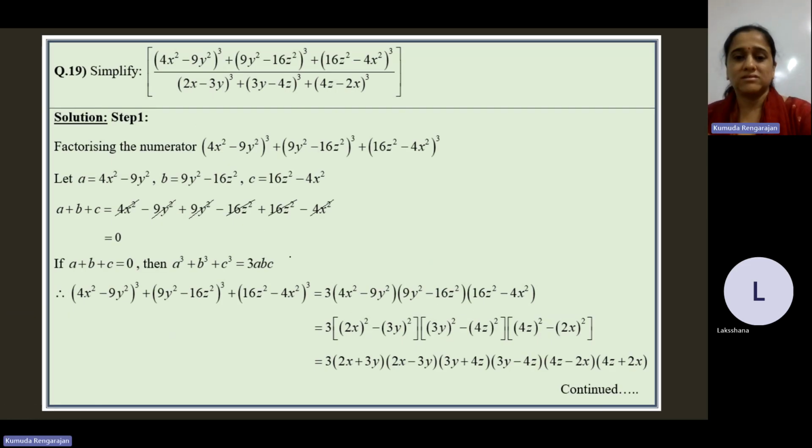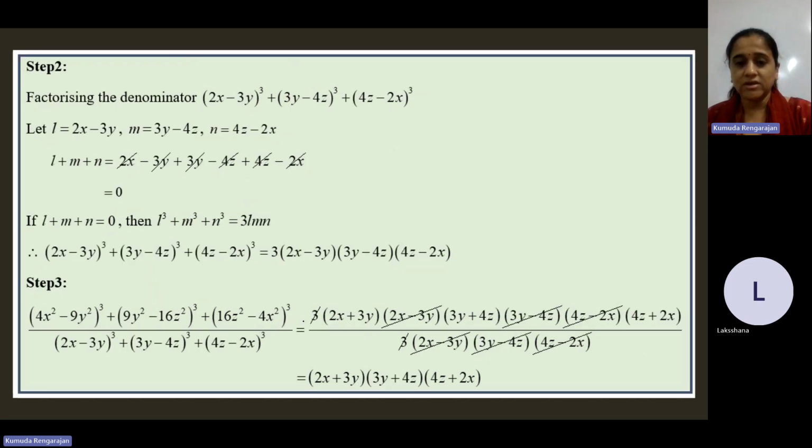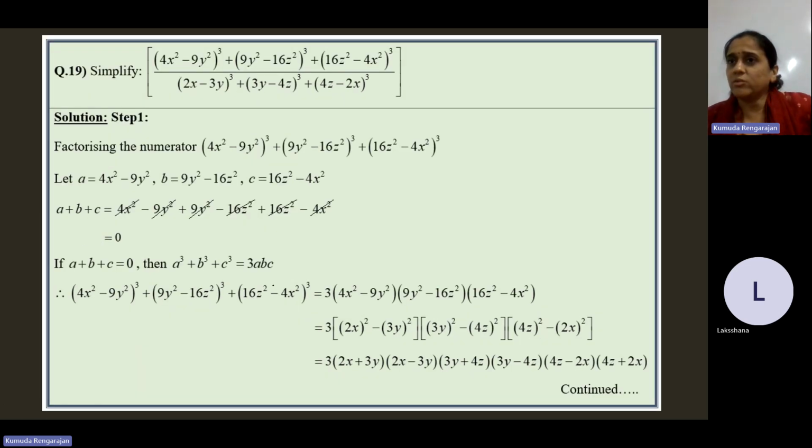Yeah, this one. I have the answer in two different slides. Okay, so similar to the earlier one, right? So the identity we use is the conditional identity, since we have x, y, z in the question.